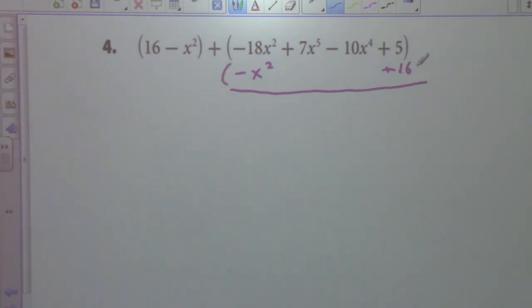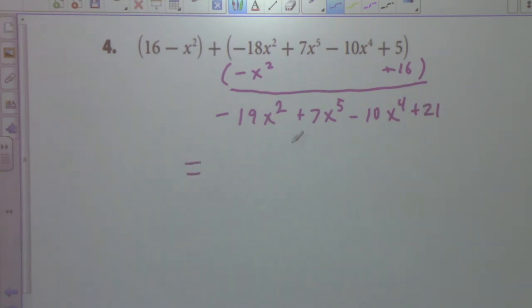And then I added. I got negative 20 to the power of 2. Oh, never mind. My bad. I added the 2 instead of multiplying. And then we bring down this one. And then this last one I got 21.